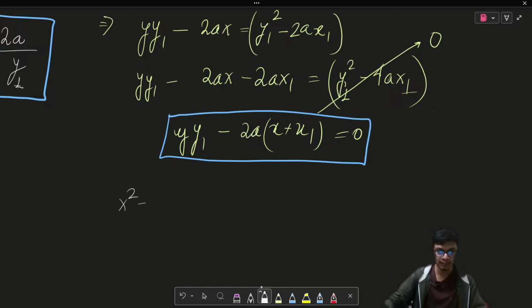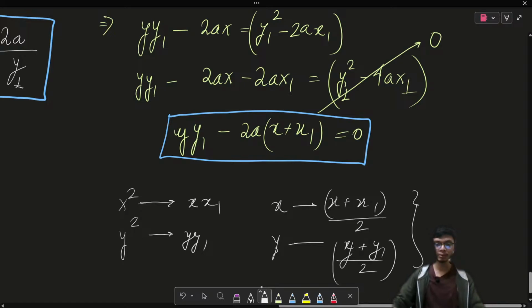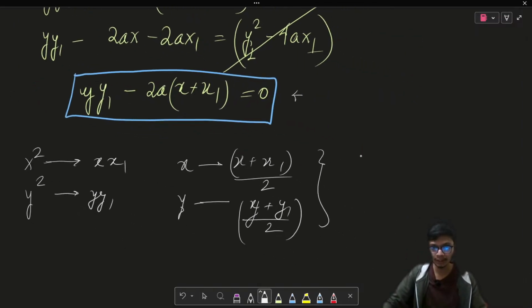So what we do is transform x square with xx1, y square with yy1, x with (x plus x1) by 2, and y with (y plus y1) by 2, right? If you remember this transformation, then you can relate that the equation of the tangent is nothing but doing the transformation T equals to 0, right?